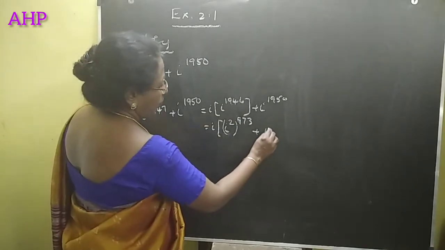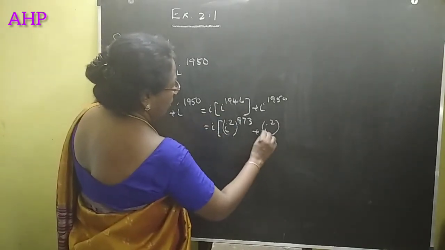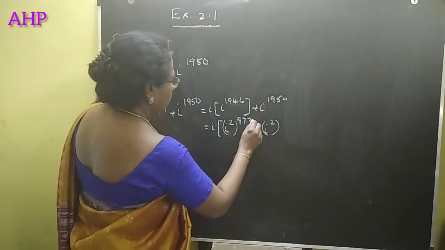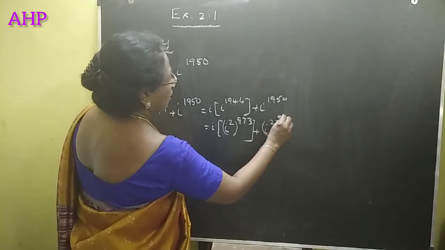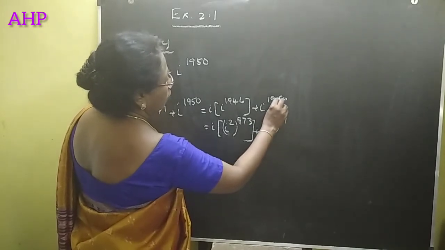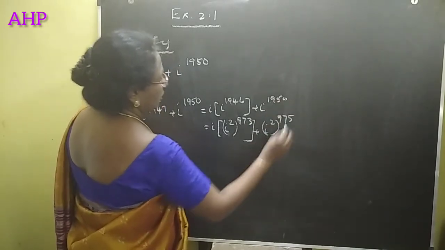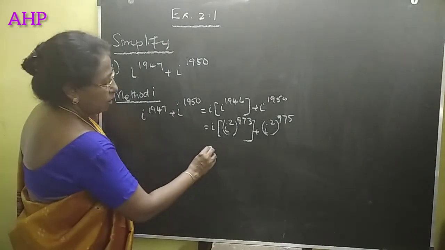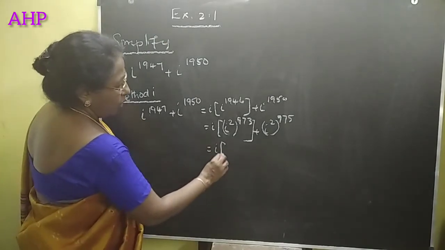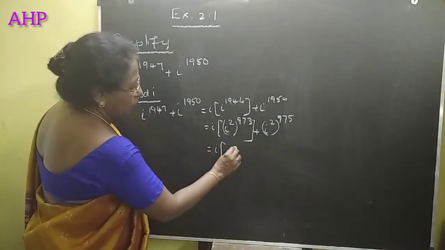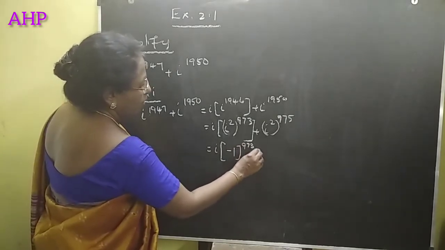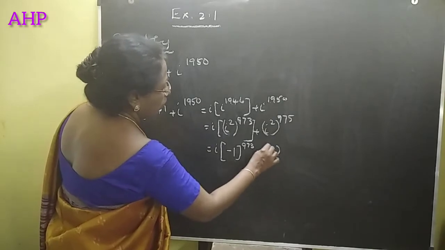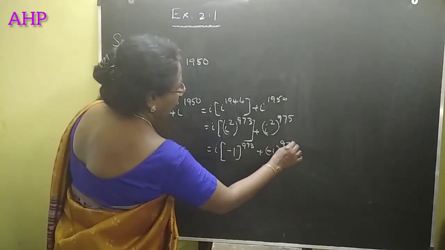Plus i square power 975. So this is equal to i into i square value, which we know is minus 1, the whole power 973, plus minus 1 the whole power 975.